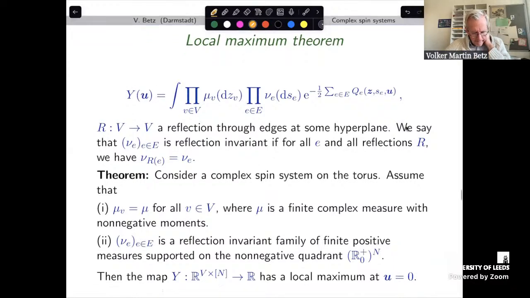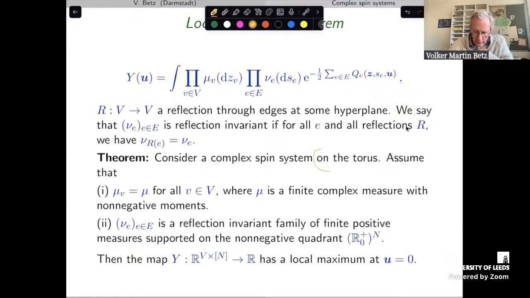But for those who know what it is, you have to reprove a few things, because you're dealing with complex measures. You have to be a bit careful with positivity, and with complex conjugation and all these things. But the net outcome is that for a complex spin system on the torus, you're always on the torus for reflection positivity, so Z^d times a finite box with periodic boundary conditions, you assume that all the vertex measures are the same.